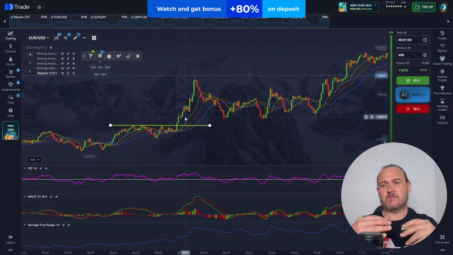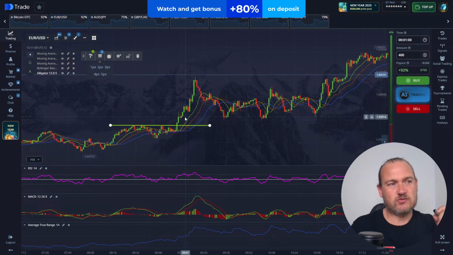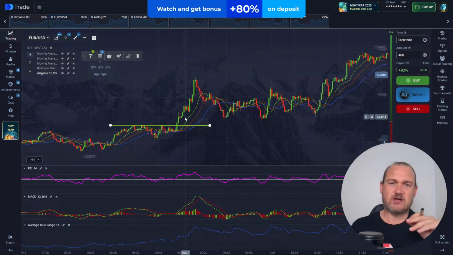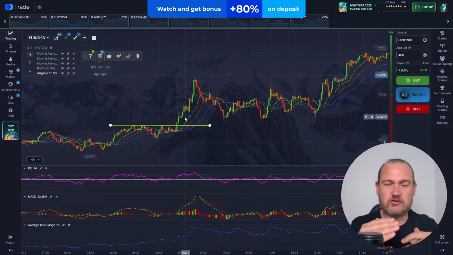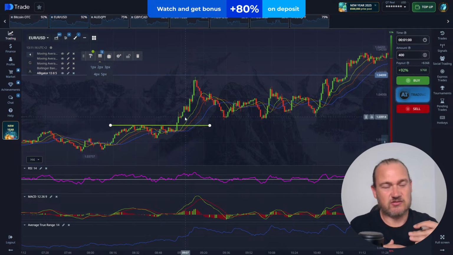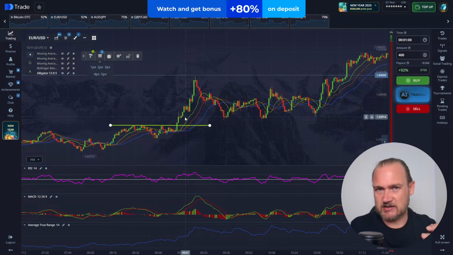Remember also that this is a trend indicator and it is a lagging indicator. We do not take trades simply because the lines cross. This is one of those indicators you definitely can't use by itself. All right, so keep that in mind. We cannot simply take trades when the alligator just starts opening.